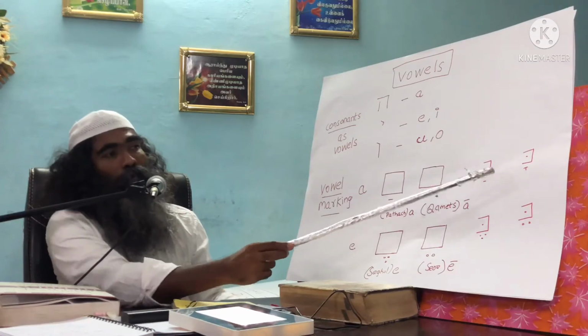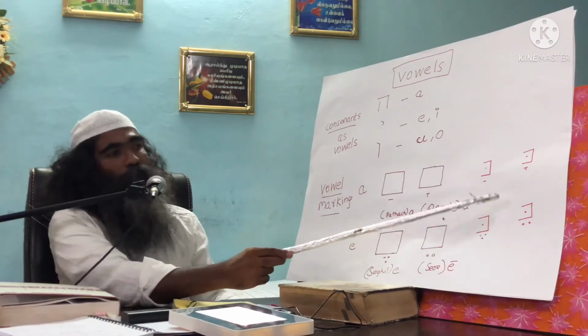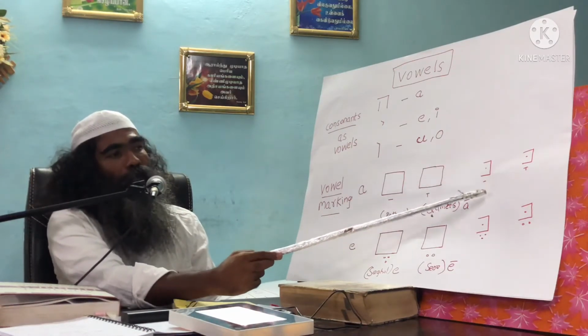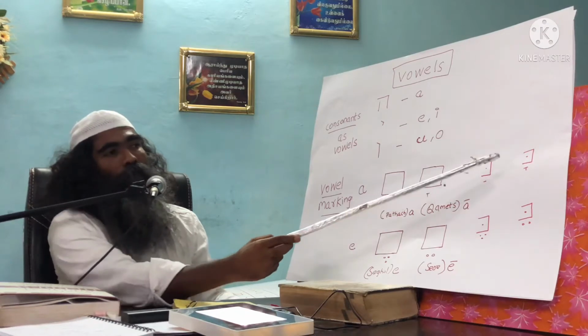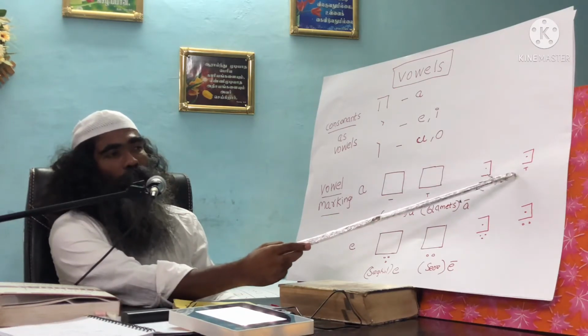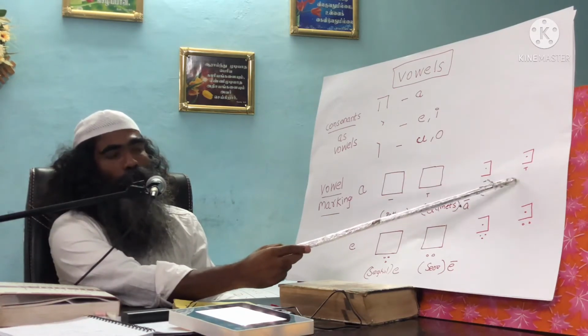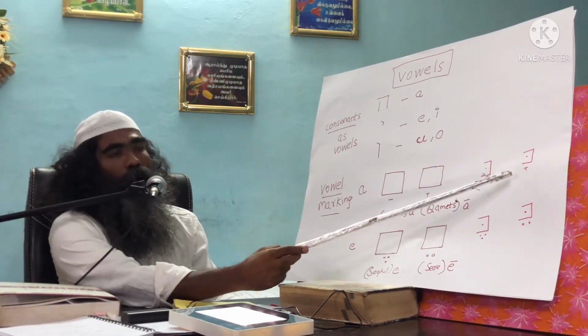This is the letter B, as you have learnt already. B followed by a horizontal line is pronounced as Ba. B followed by a horizontal plus vertical line is pronounced as Ba.